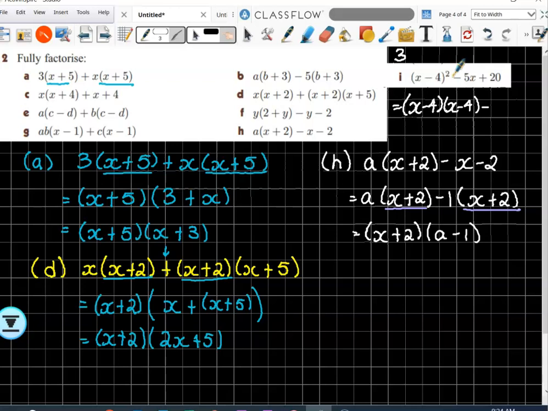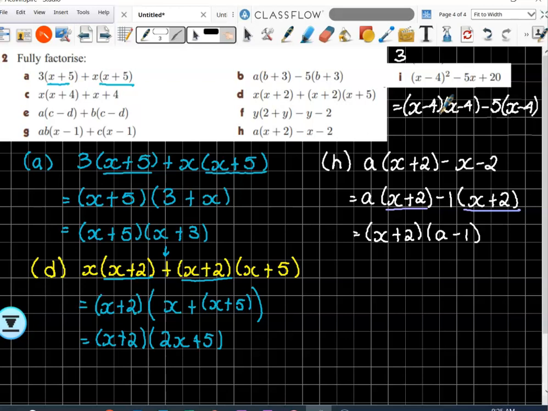Common factor of 5. And if I pull out that common factor of 5, oh my goodness, what's going to be in here? Not plus. If you put plus, what's a negative times a positive? A negative, and we want a positive. So that's why you're always double checking. And lo and behold, it's minus 4. So now I've got a common factor and pull it out.